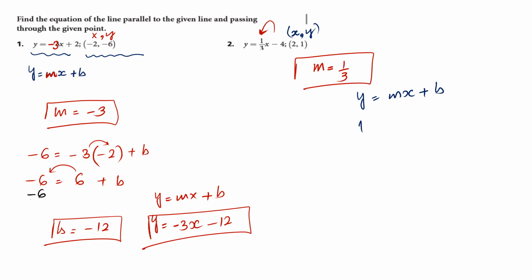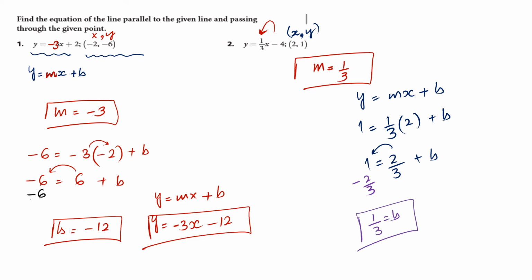So y is 1, slope is 1 by 3, x is 2, plus b. So 1 over 3 times 2 gives us 2 by 3, plus b. Bring the 2 by 3 to the other side. When the plus goes to the other side, it becomes negative. So 1 minus 2 over 3 gives us 1 over 3 equals b.